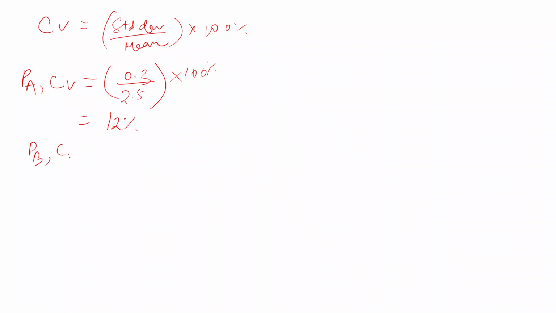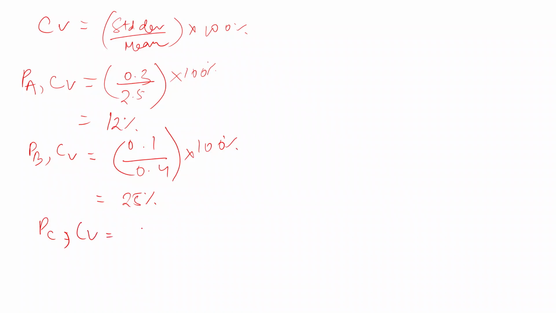Protein B CV is 0.1 by 0.4 times 100%, which comes to 25%, and protein C comes to 0.2 by 1.1, which is 18.2%.